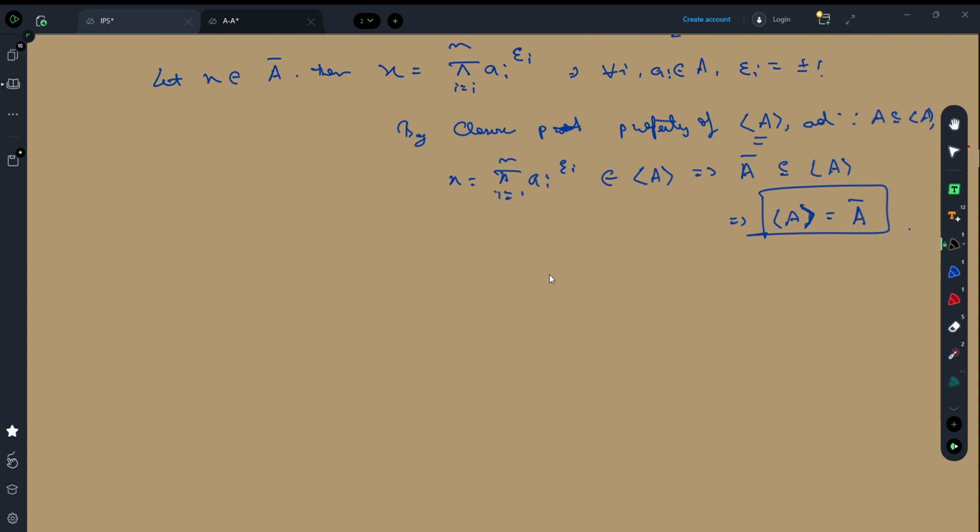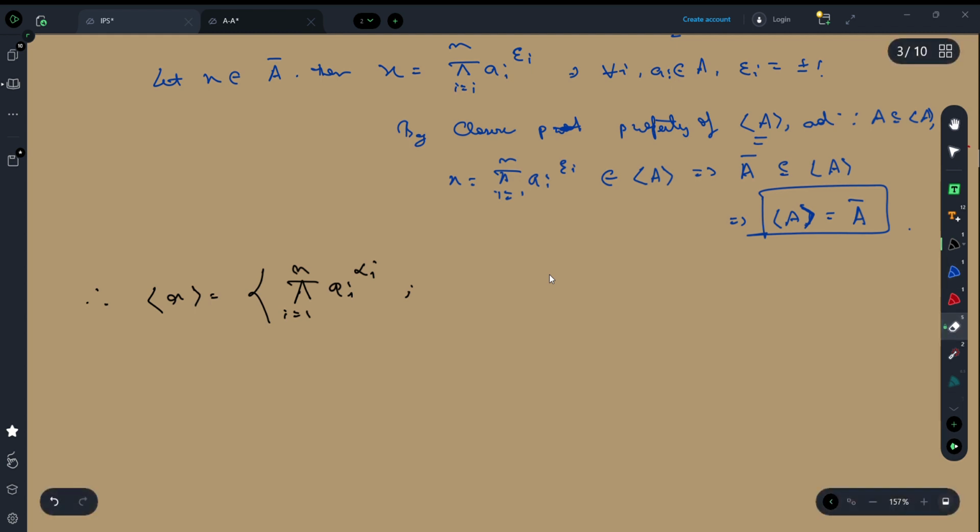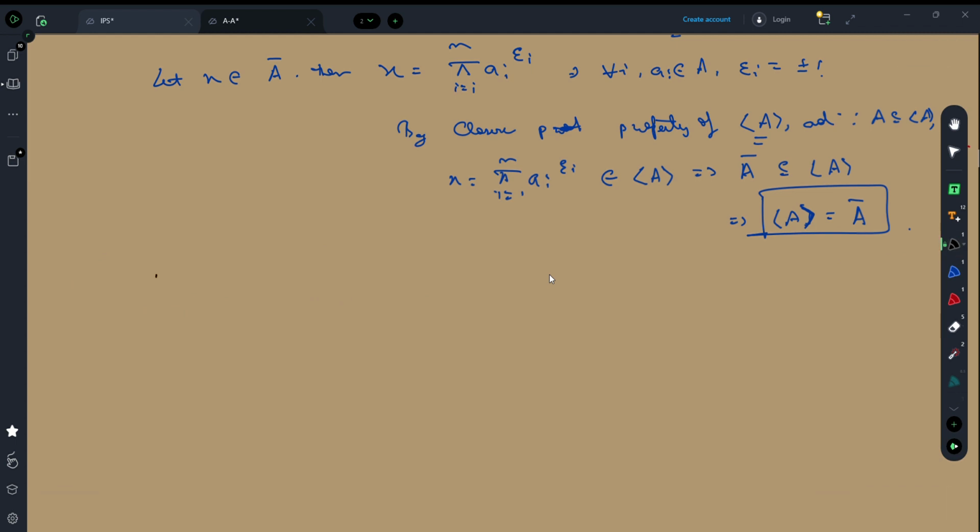Now, we have defined a structure for the subgroup generated by A, which is not only dependent on it being the smallest subgroup containing A, right? Therefore, we have defined this to be of the form the product of a_i to the power alpha_i, i equals 1 to n. Now we can bring together all the elements which denote the same element. I'm fumbling a bit.